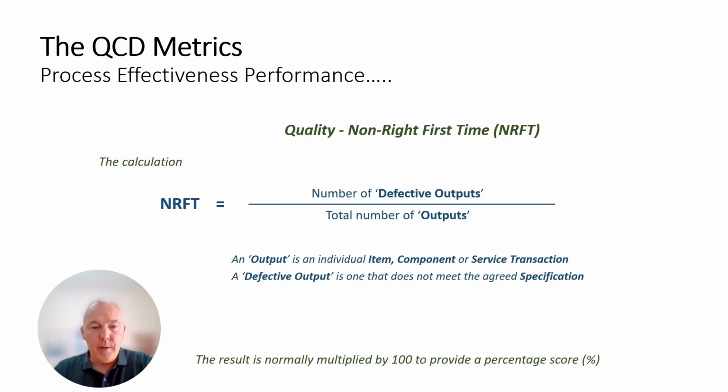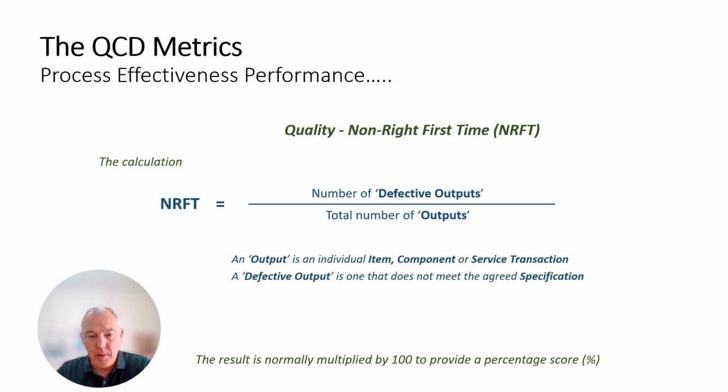So starting off with the effectiveness performance metrics, the first of these would be the measurement of our quality performance. Now this within the QCD system is a relatively straightforward metric. What we measure here is the percentage of non-right first time. We calculate that by determining the total number of outputs that we've delivered, be those component parts or service transactions.